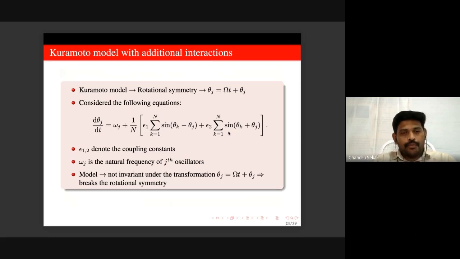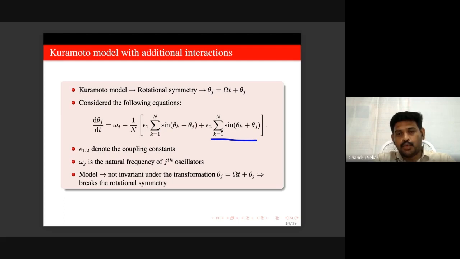We have identified that explosive synchronization happens even in the globally coupled Kuramoto model when we introduce an additional asymmetric interaction. So this is the asymmetric interaction.